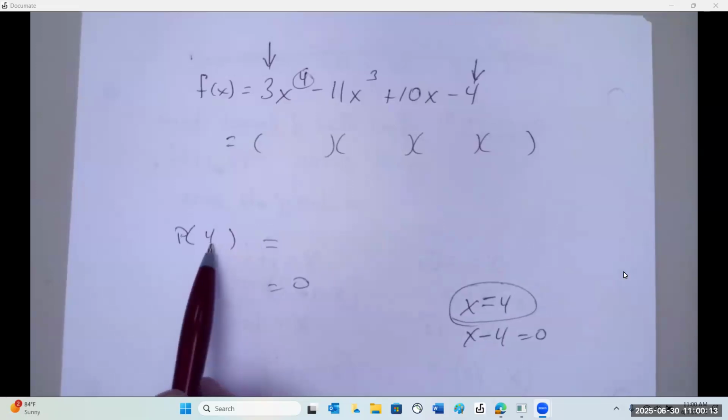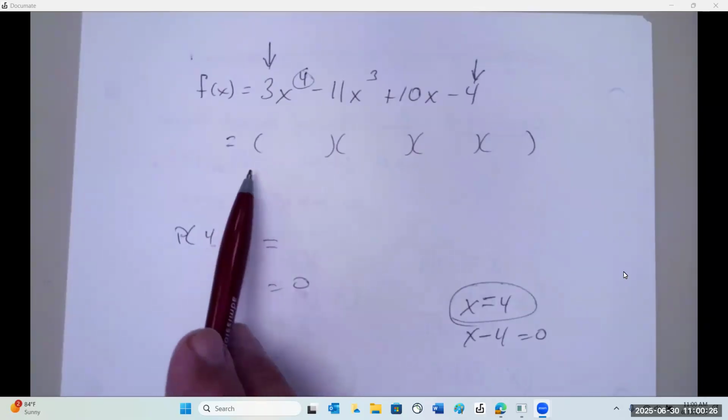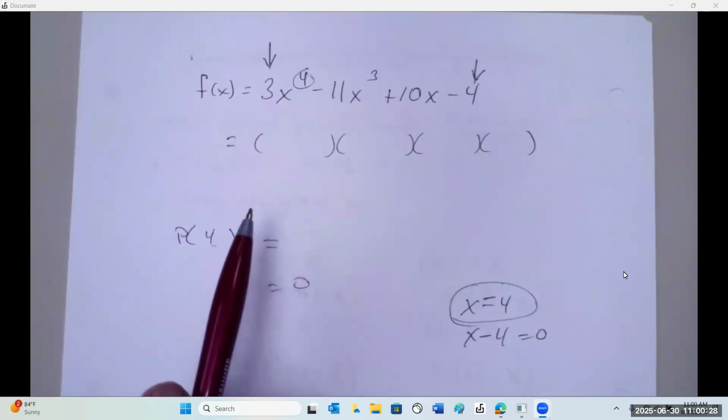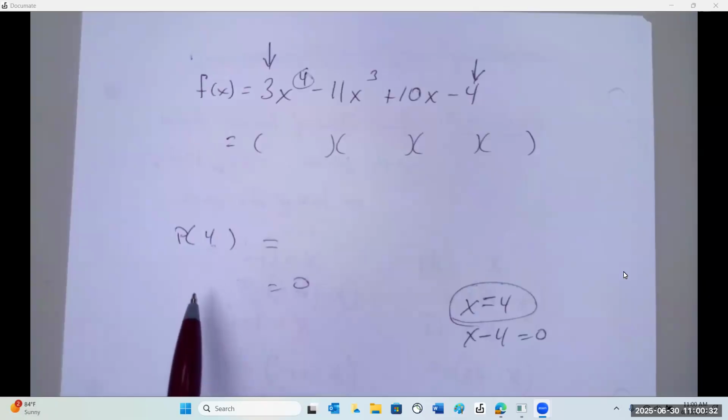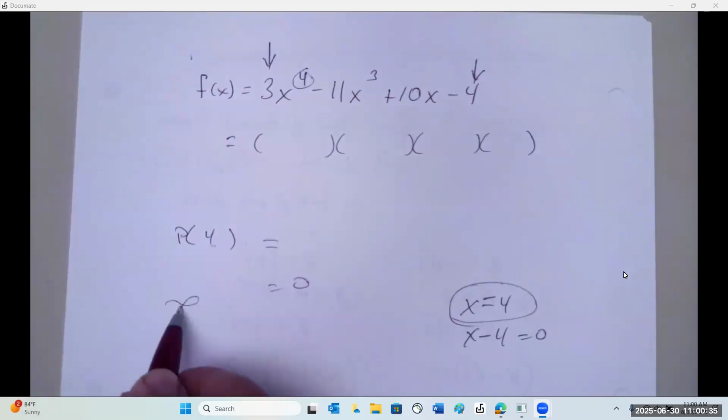But if we just did it this way, guess and check, how many numbers can we check? We have an infinite number of numbers to choose from. They don't have to be integers. They can be fractions, rationals, or radicals. So there's an infinite number of possibilities that way by guess and check.